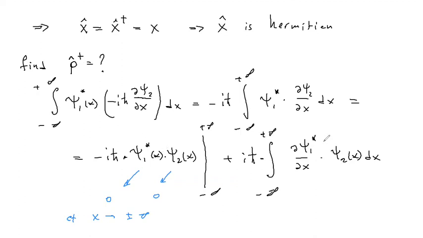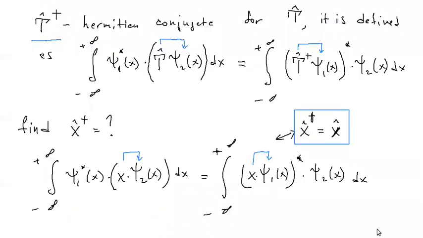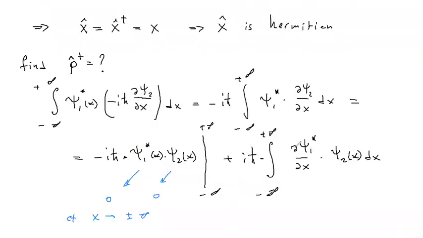Now, I'm almost done because look at this. I'm looking for some operator acting on psi1 and psi2 untouched, in its original form. I have psi2 and I have some operator acting on psi1.